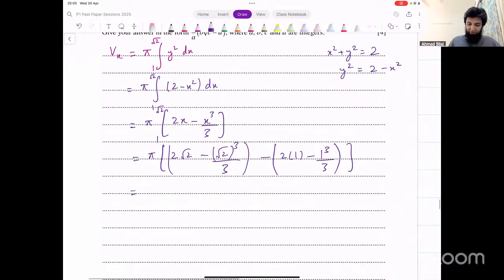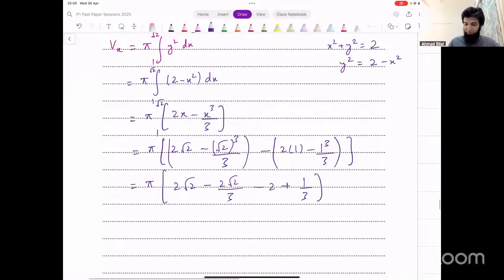See what this gives you now. Pi remains outside as it is, and you have 2 under root 2 minus this. Putting this on your calculator, it gives you 2 under root 2 divided by 3 minus 2 plus 1 over 3, and that will give you the result. You can simplify this.